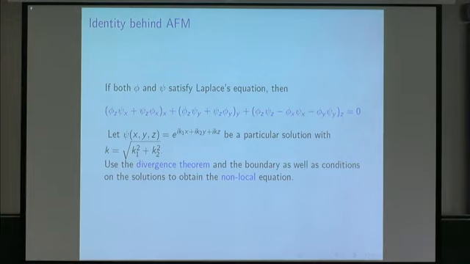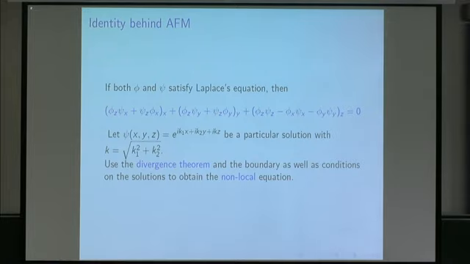And the identity that you use to reformulate using the Ablowitz-Fokas-Musslimani method is actually something a little bit more strange. If you assume that both phi and psi satisfy Laplace's equation, which is the main equation describing the bulk of your fluid, then you also have this identity, which is not a very intuitive thing to just come out and write down, but that's what happens.